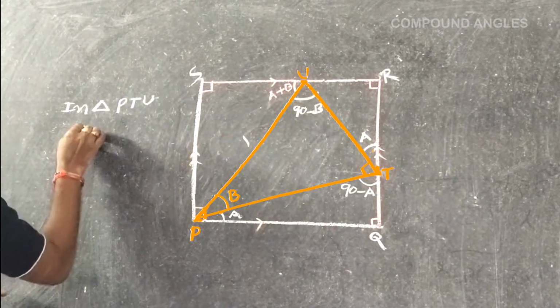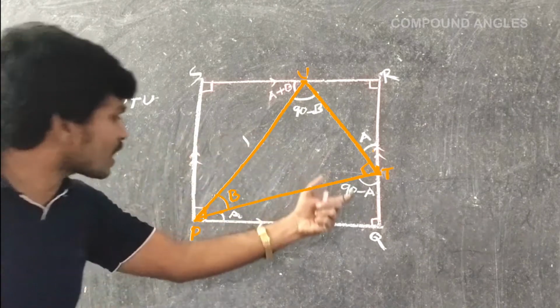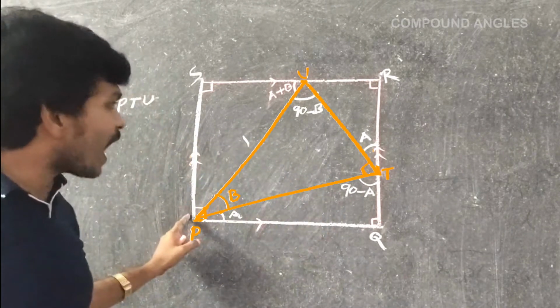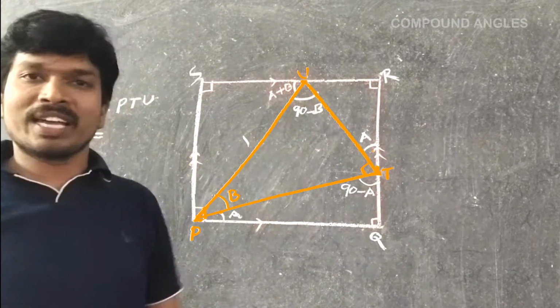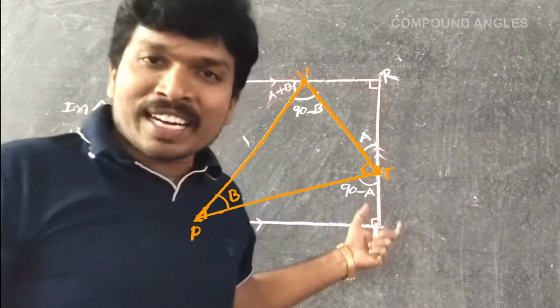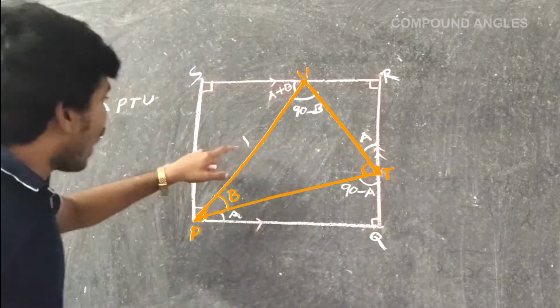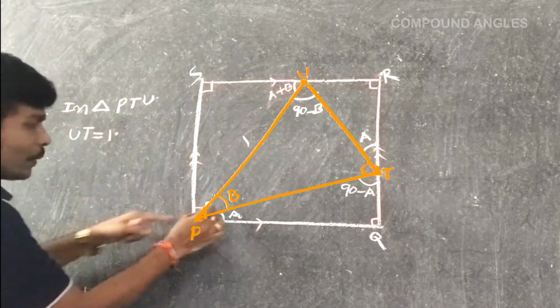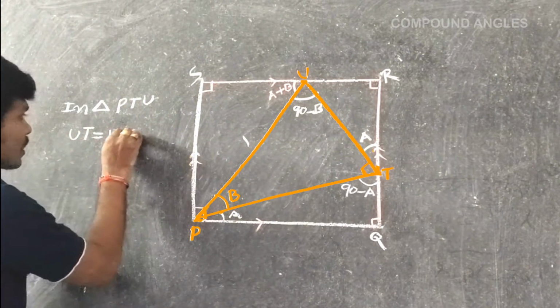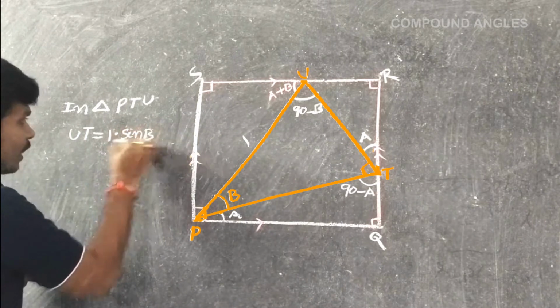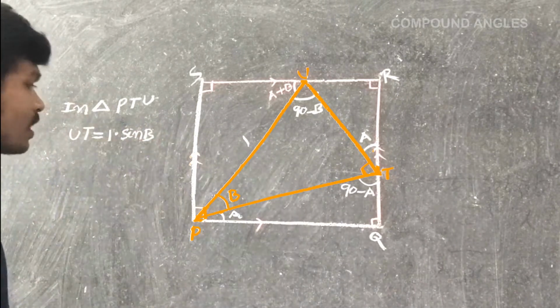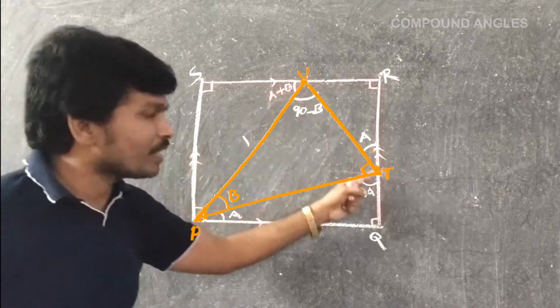So that's why UT is called the opposite side of B in triangle PTU. Yes or no? In the introduction only we discussed. Opposite side is equal to hypotenuse into sine of the angle. So sine B. So that's why UT value is sine B.